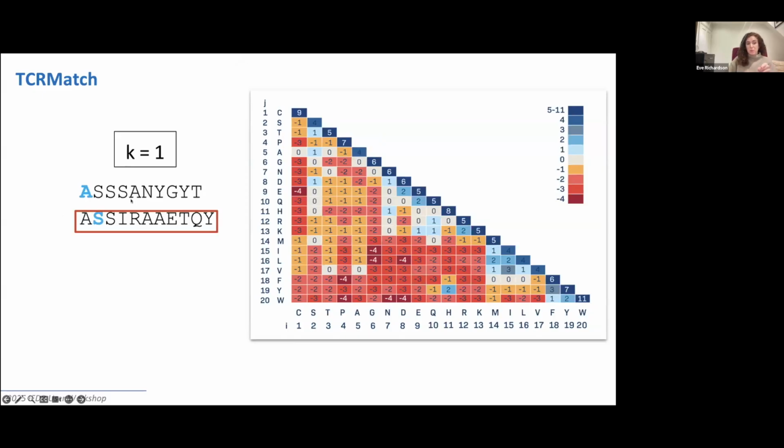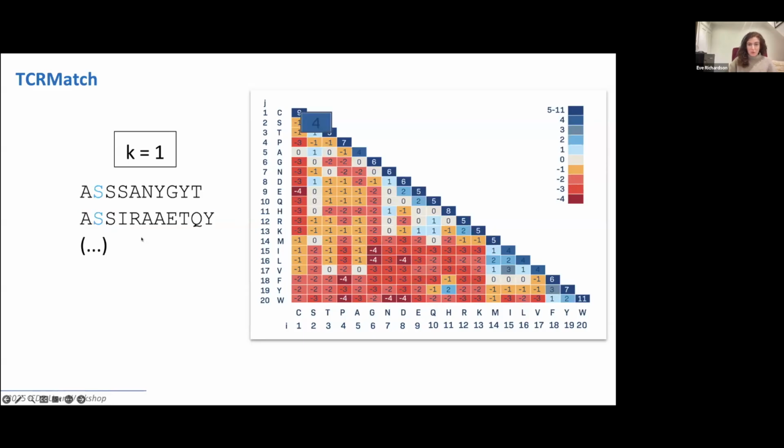We'll do that for each of the possible comparisons. Obviously an alanine to alanine, so non-transition, is going to be more favorable than an alanine to a serine. And that's more favorable than an alanine to an isoleucine, in terms of the biochemistry of the amino acids. And so we continue on and on.